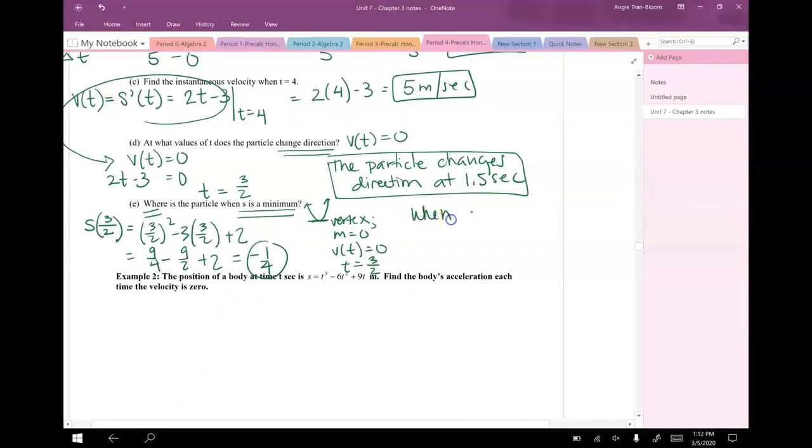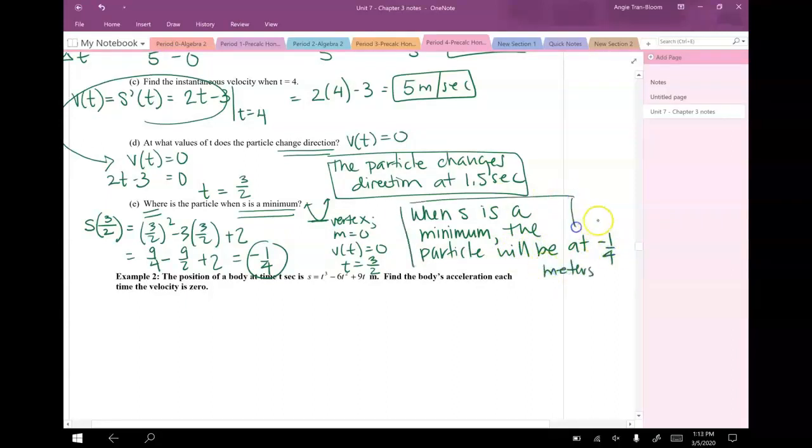When S is a minimum, the particle will be at negative 1/4 meters. In this case, I can't really say lowest, it wouldn't even be right, because it's going left to right. It will go as far left as negative 1/4.